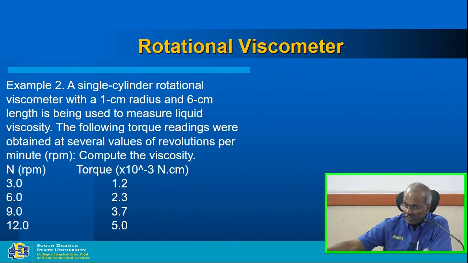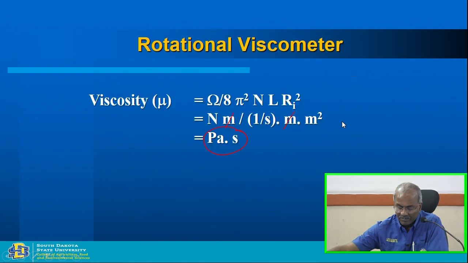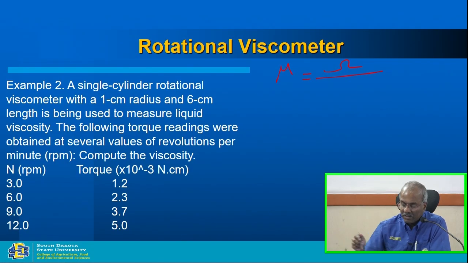So let's go back to the original equation. Mu is equal to torque divided by 8 pi square n L Ri square.